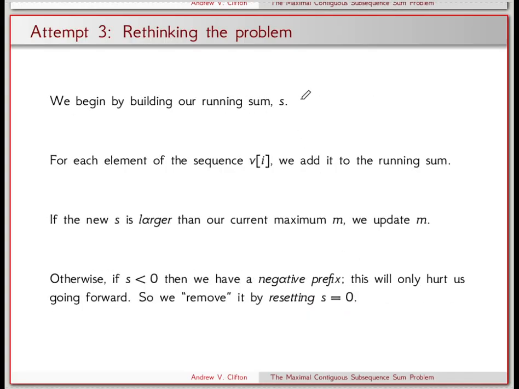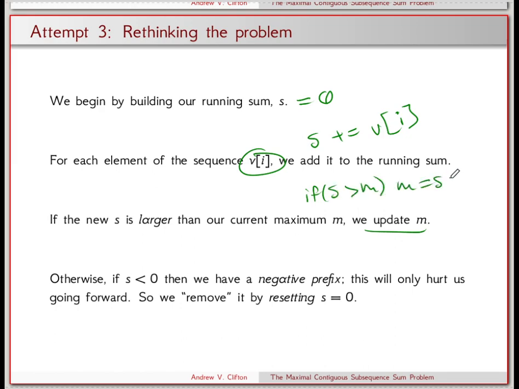So we start by building our running sum s, and s is initialized to 0. For each element, we're just going to add it into s. So we're going to do s plus equals the subscript i. If the new one is bigger, we update m. So that's our if s bigger than m, m equals s.